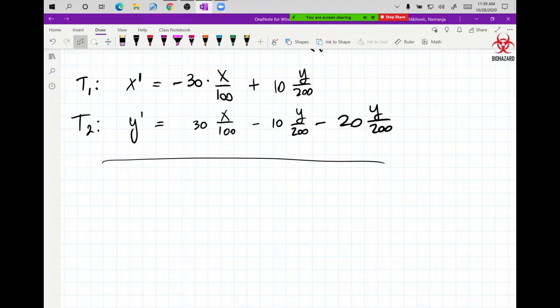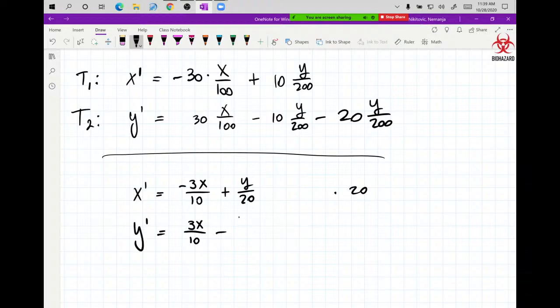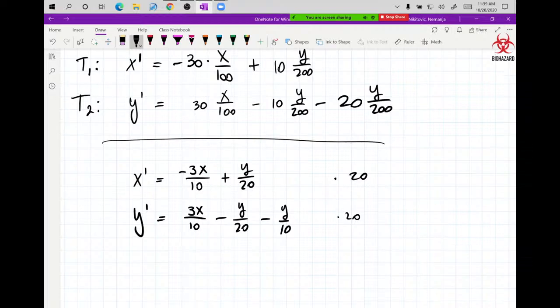So x prime is going to be equal to negative 3x over 10 plus y over 20, and we're going to multiply that by 20 to kill the fractions. And then y prime is equal to 3x over 10 minus y over 20 minus y over 10, and that one is also multiplied by 20, and we can combine those two terms.